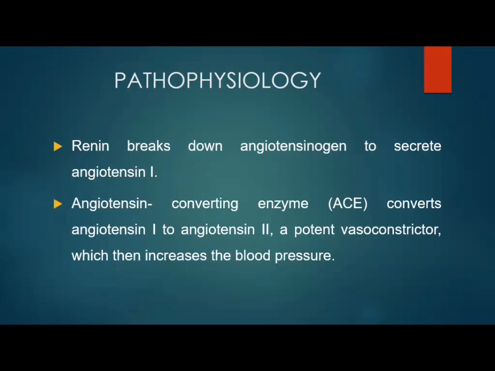Here it also comes into play. Renin will break down angiotensinogen to release angiotensin 1, and angiotensin 1 will be converted to angiotensin 2. Angiotensin 2 is a potent vasoconstrictor, which increases blood pressure because the blood vessels have contracted.